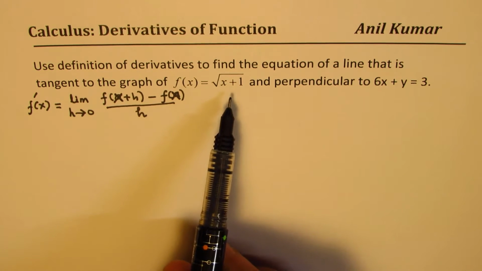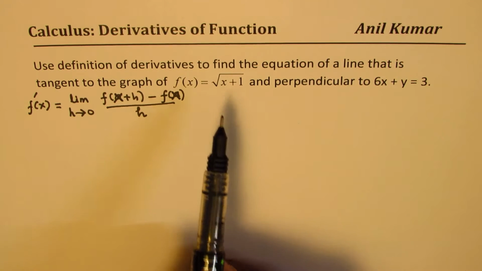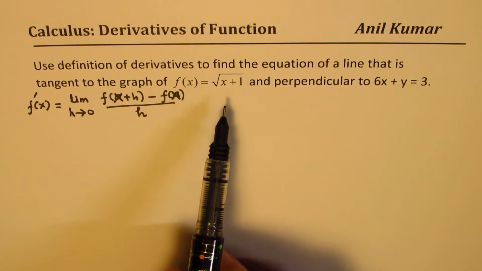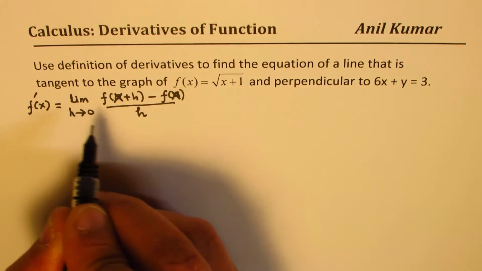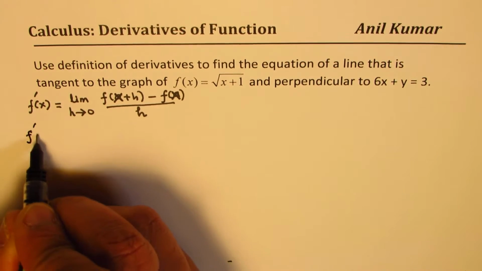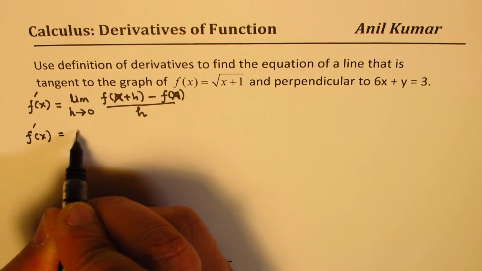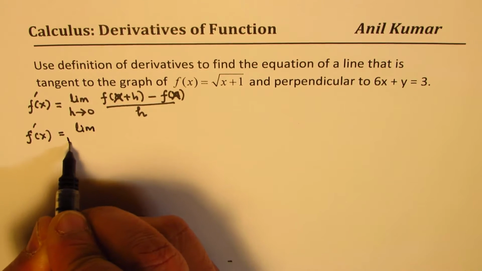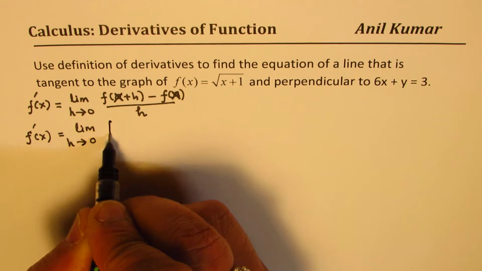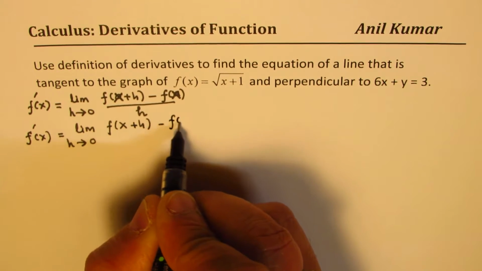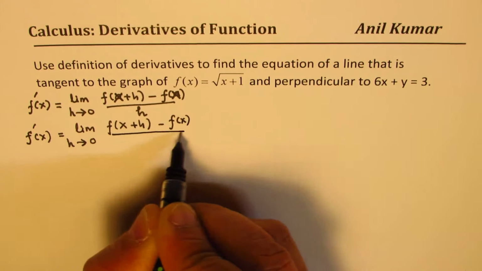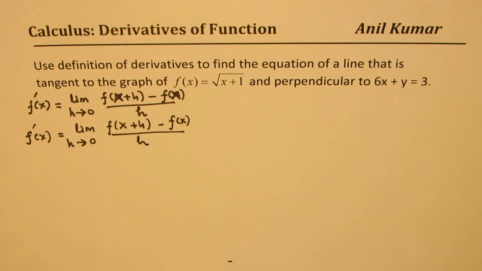In this situation, we do not know the point at which we need to find the derivative, and therefore we are going to use this definition of the derivative of the function as limit h approaches 0 for f of x plus h minus f of x over h. Is that clear to you? So the very first step is very important here to understand.